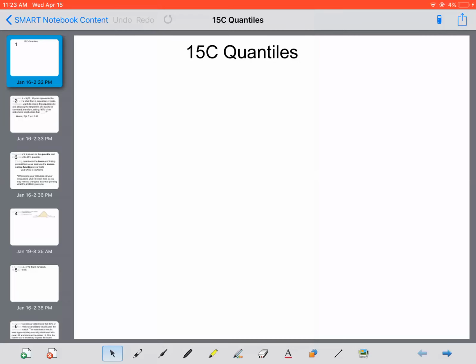Hello, so we have learned how to find our percentage under the curve of a normally distributed problem, but now I want to talk about quantiles.